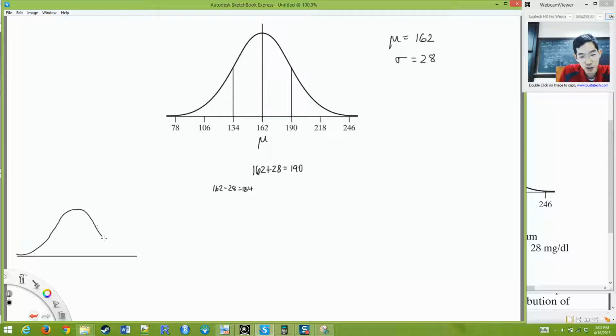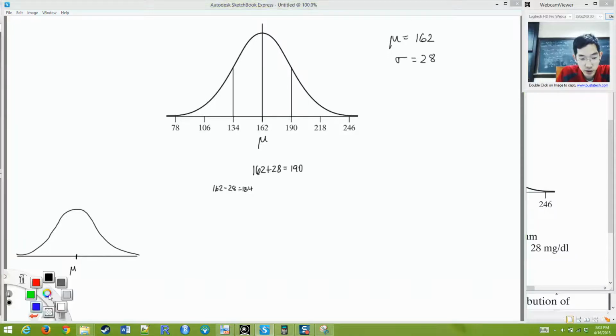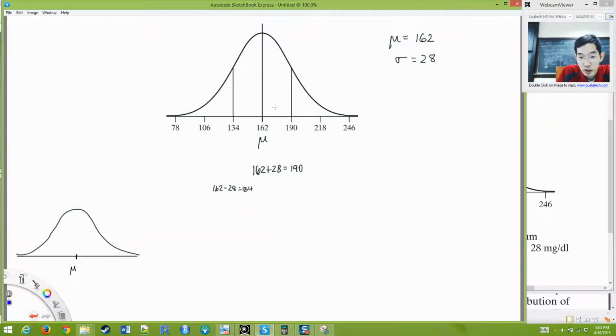Okay. So technically, when you draw normal curves in the beginning, you're not going to be very good, and I'm still not very good, okay? And so in the middle you put mu, and then if you go up one standard deviation, this distance from here to here is one standard deviation, okay? And the distance from here to here, also one standard deviation.